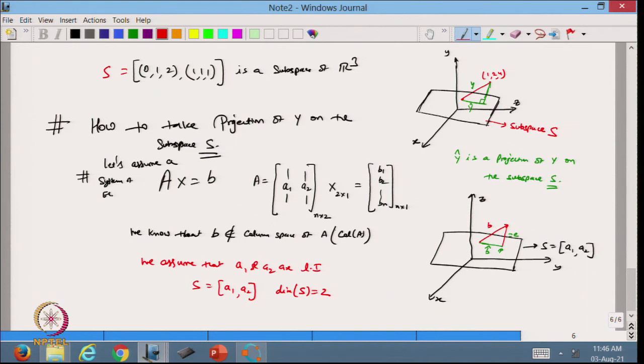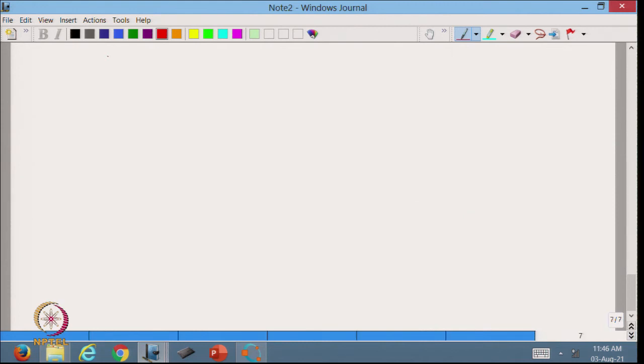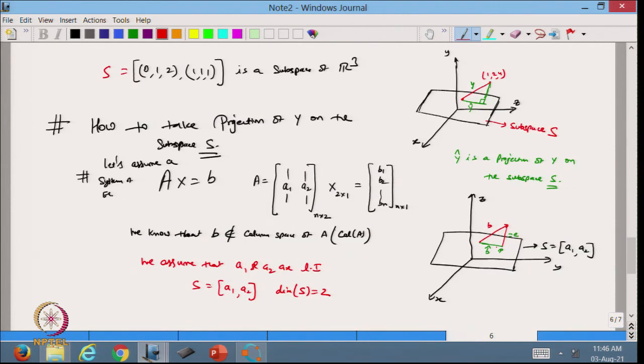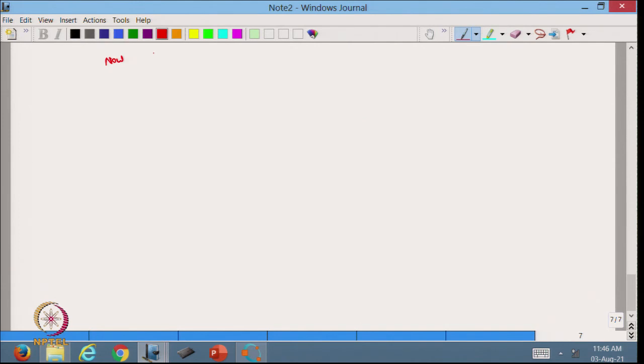Now, once we have the projection, b hat, we have our new system, having the same x, but on the right-hand side we have a new b.